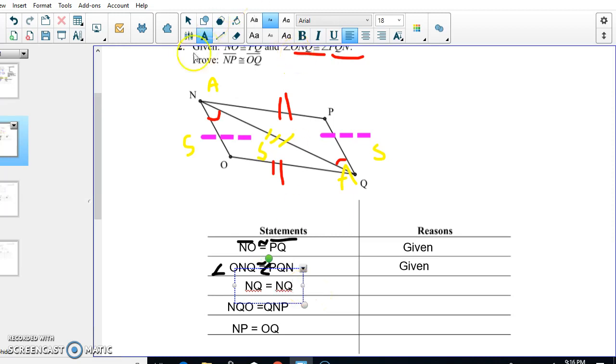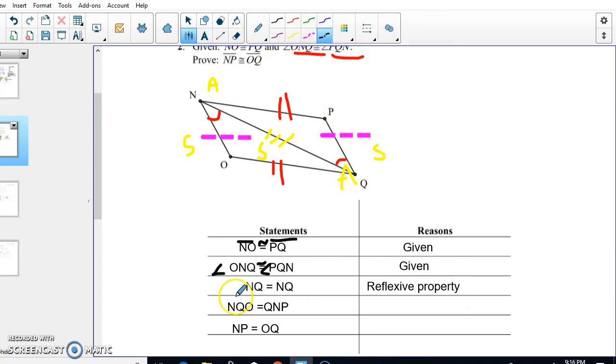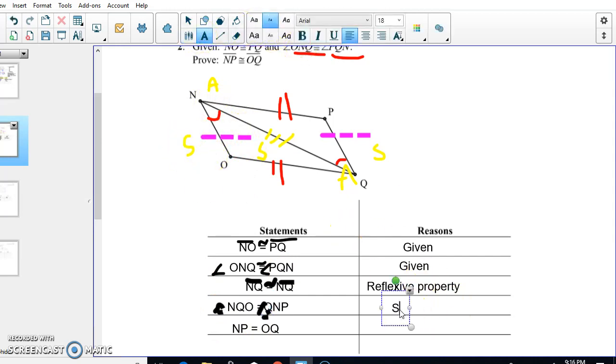It is the reflexive property. Okay. And then the next statement here is that triangle NQO is congruent to triangle QNP, right? We're saying these triangles are congruent by side, angle, side. Okay, lastly, these are congruent by CPCTC. Okay, that's what we're proving here.